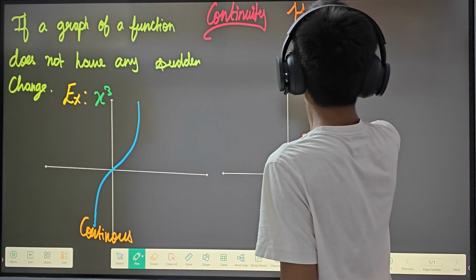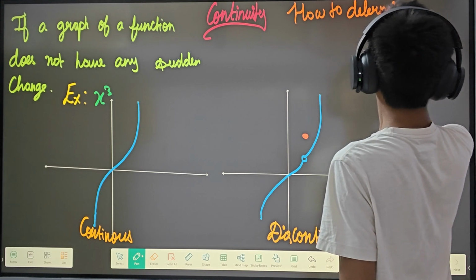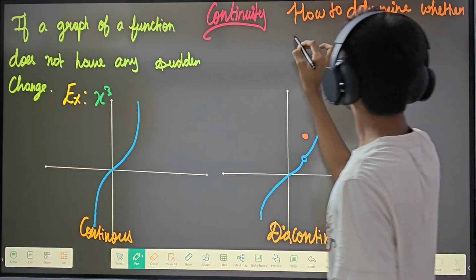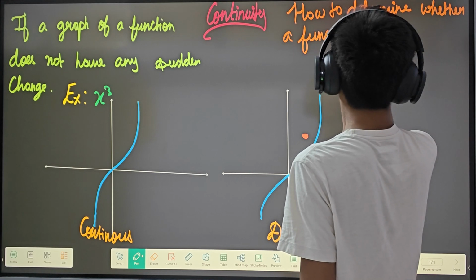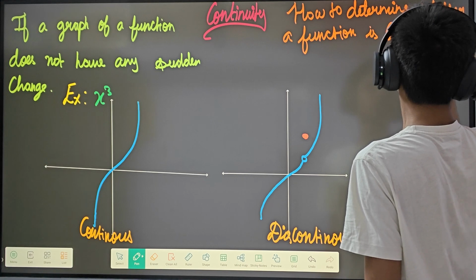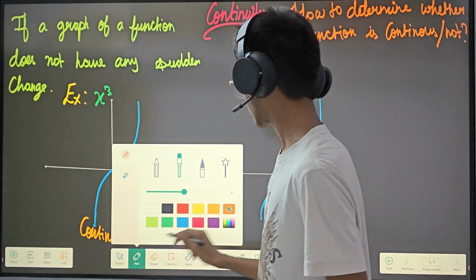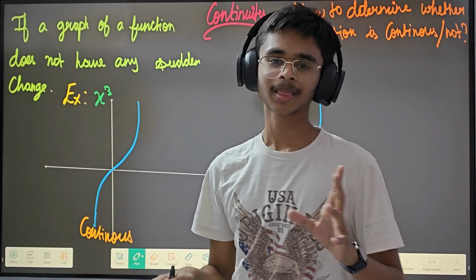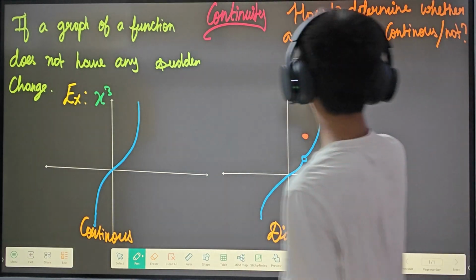Okay, so now, how to determine whether a function is continuous or not. Okay, this is a very common question. With this point which I'm about to say, you can solve 99.9 percent of questions based on this concept itself, that is limit.